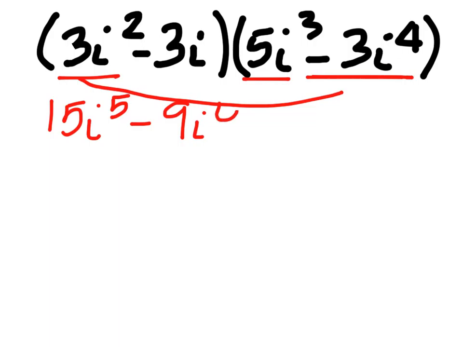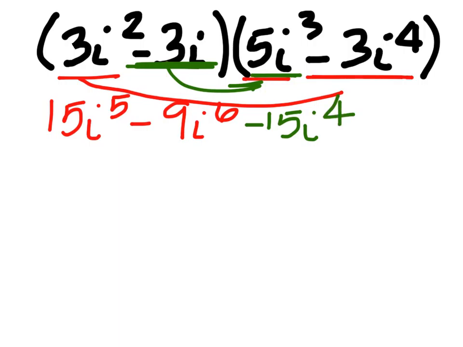Negative 9i to the sixth, yeah. Easy mistake to make. Alright, now this one, negative 3i times 5i to the third: negative 15i to the fourth. And then negative 3i times negative 3i to the fourth: plus 9i to the fifth.